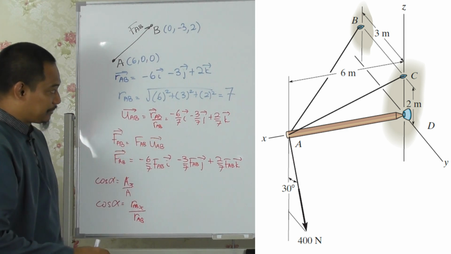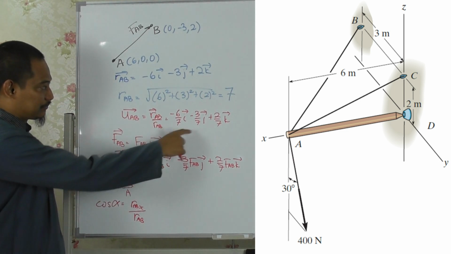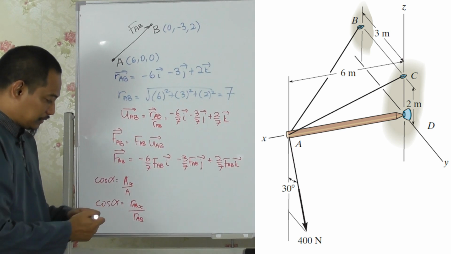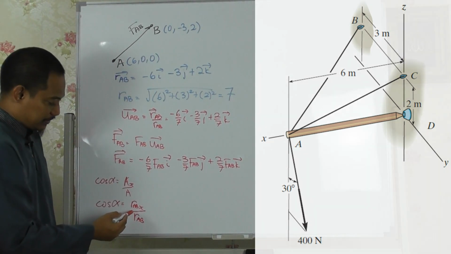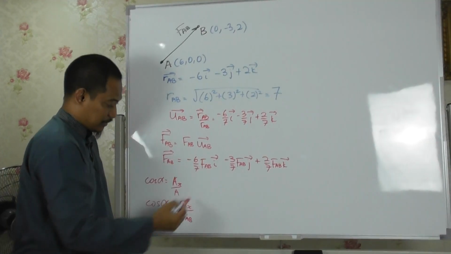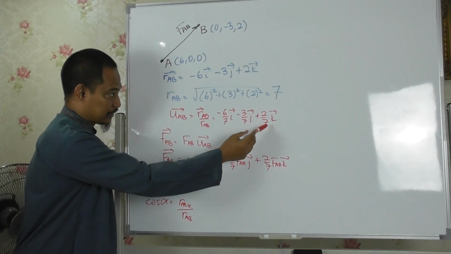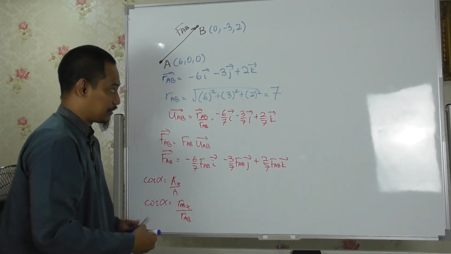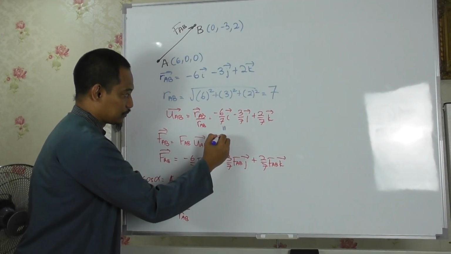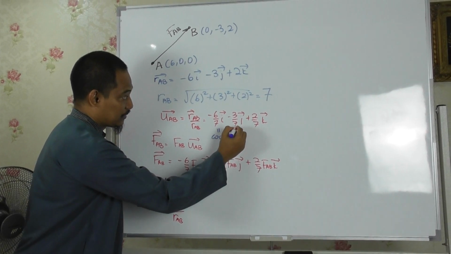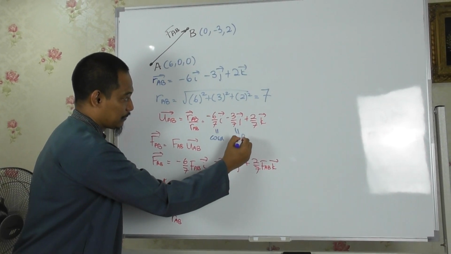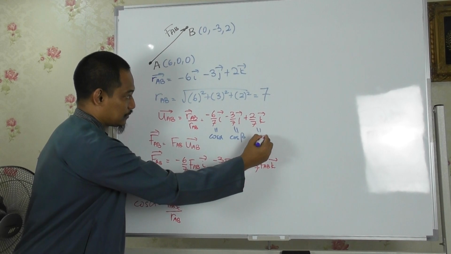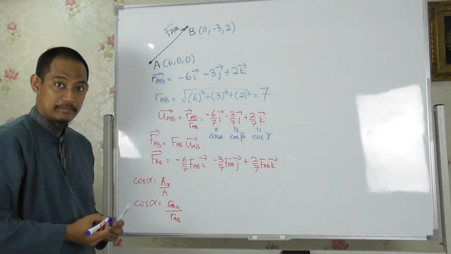So you can relate to this one as well. You will notice that RABX over RAB is this portion, RABY over RAB is this portion, RABZ over RAB is this portion. So essentially this one should equal cos alpha, this one equals cos beta, this one equals cos gamma.